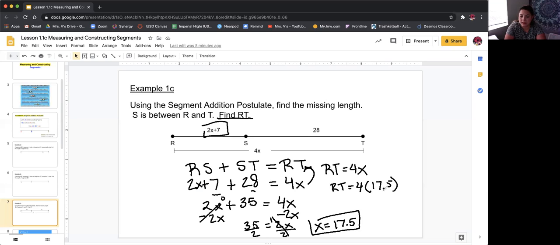Now I'm going to continue simplifying. 4 times 17.5 gives me, I think it's 70. Yes, it's 70. RT equals 70. And that is our solution. This particular example does not have any unit measurements, so we just leave it as is. If you need any time to copy this down, go ahead and pause the video so that you can copy this down.